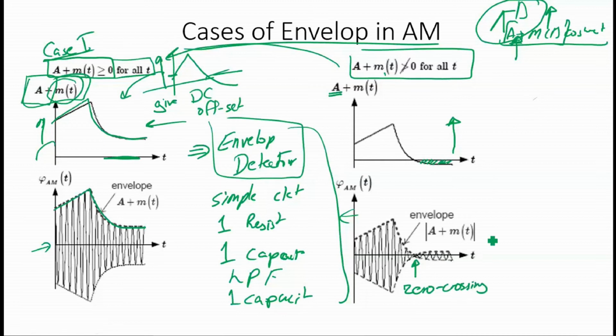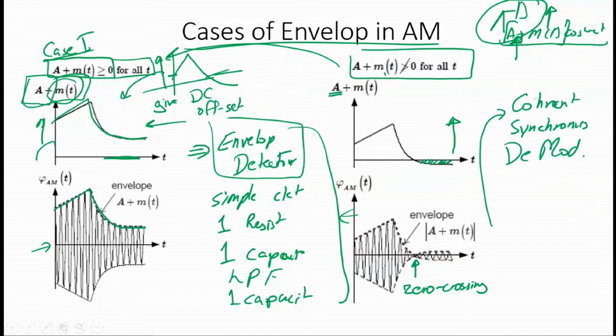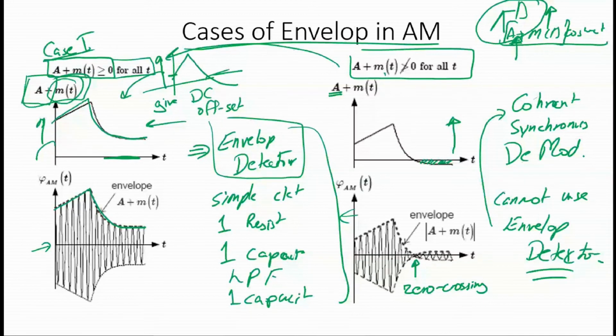And if we have 0 crossing, we are back at square one, and we basically need a coherent or synchronous demodulator. That is, we cannot use the envelope detector. And this is basically called over modulation.